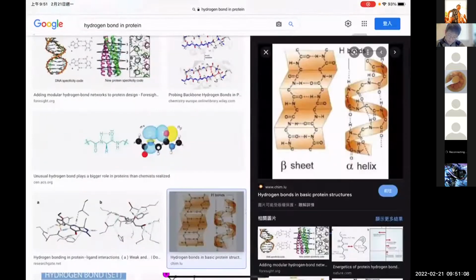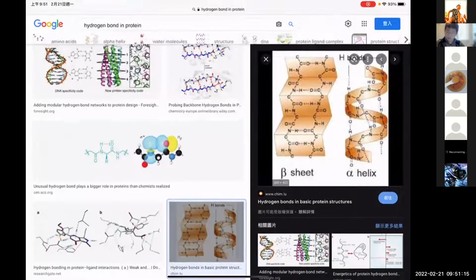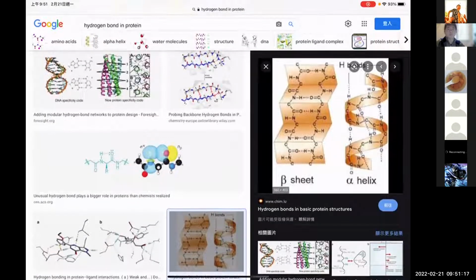One of them we call a beta sheet, or alpha helix. Have you ever heard of that? All those show you the basic structure of the protein. The alpha helix means the helix spirals up. If you look from the top, it spirals up in the anti-clockwise direction. We call it alpha helix.